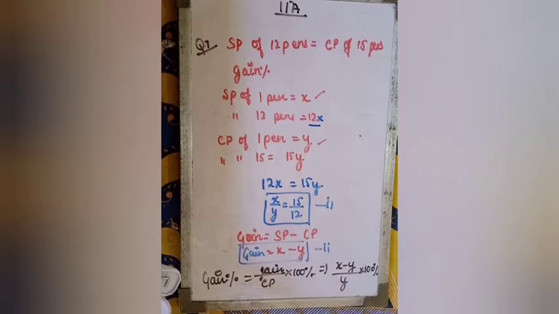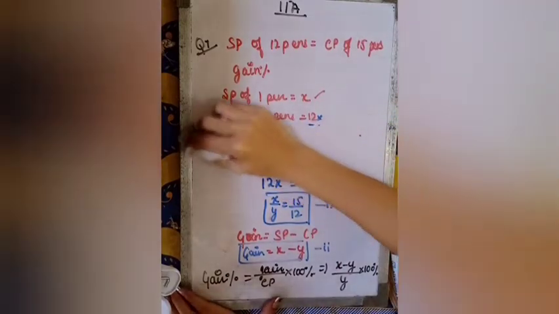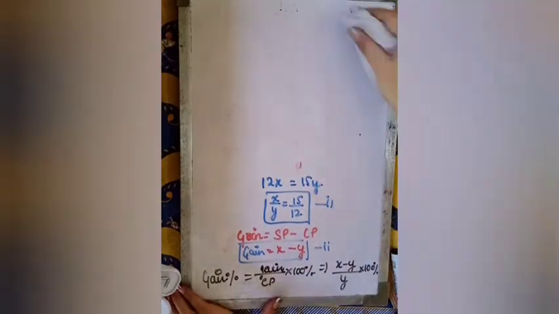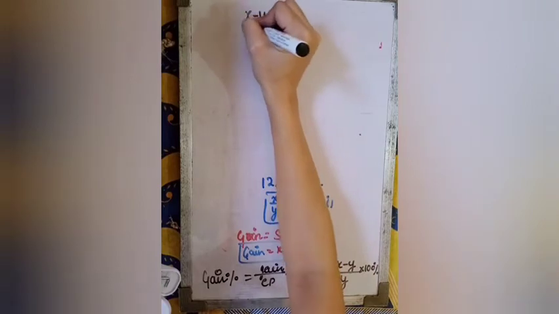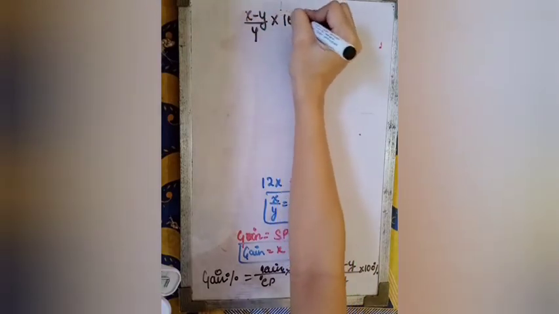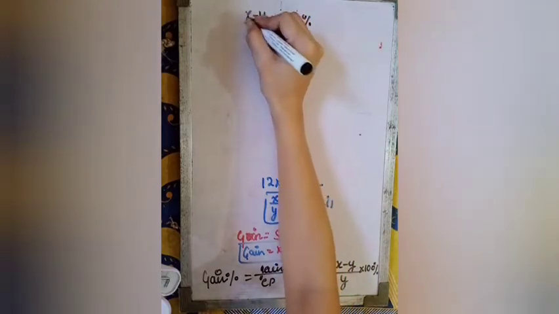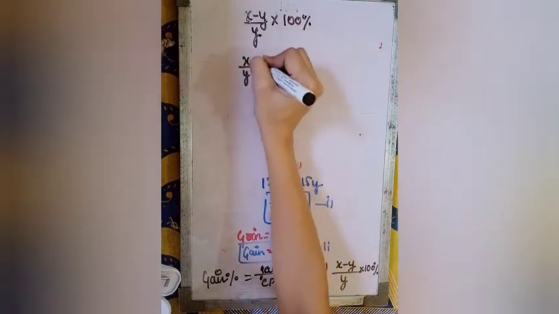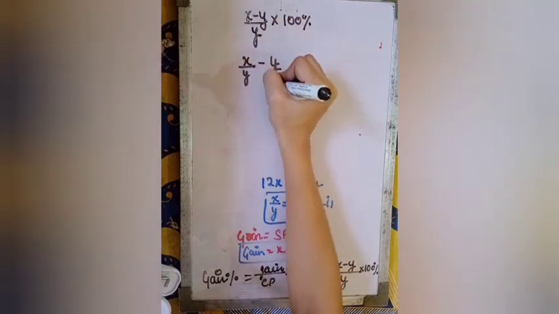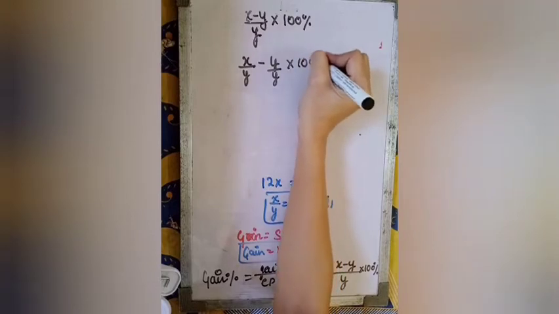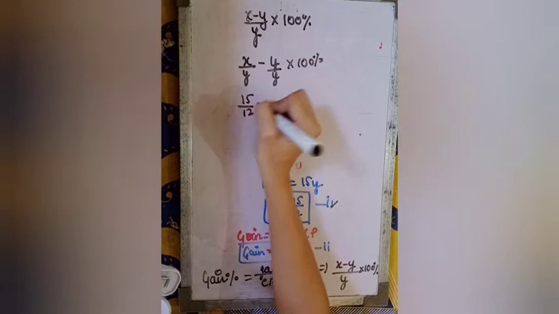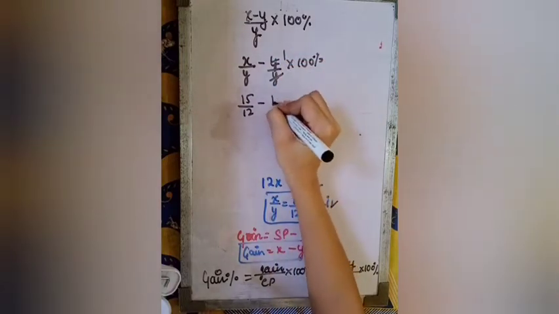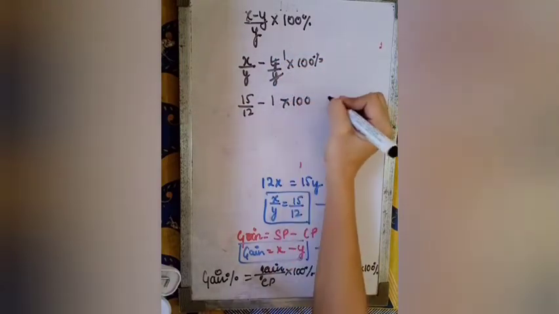Now let's solve it further. I am rubbing the above part. See here: X minus Y upon Y into 100%. Now this Y is in the denominator with both of them, so we can write it as X upon Y minus Y upon Y. This X upon Y equals 15 upon 12, and Y upon Y is 1, into 100%.